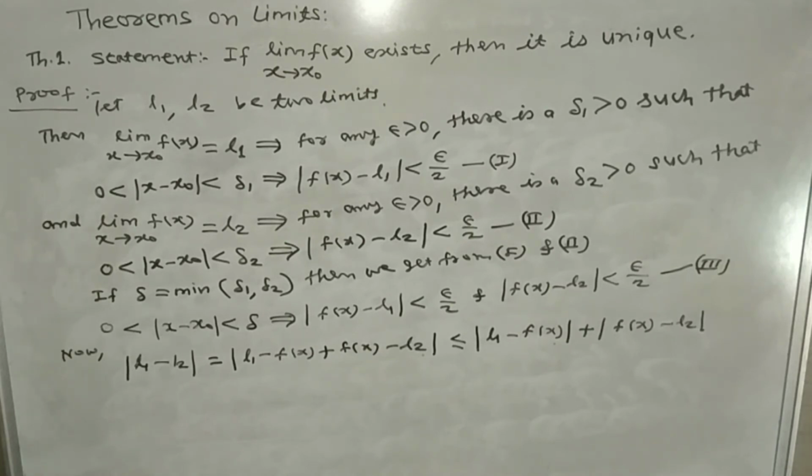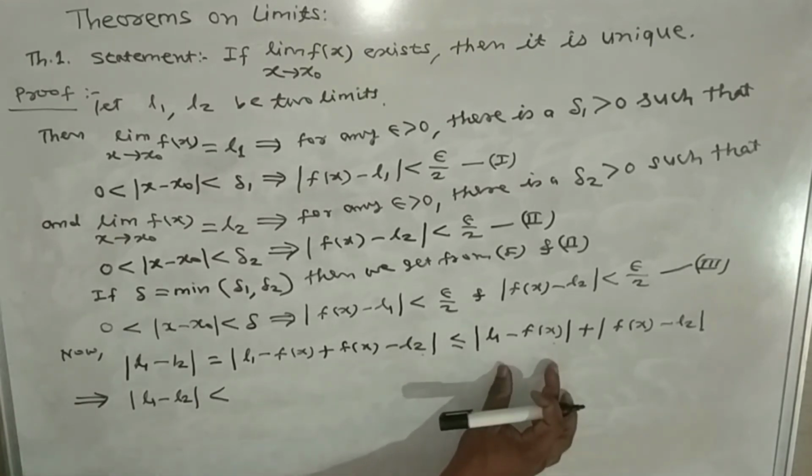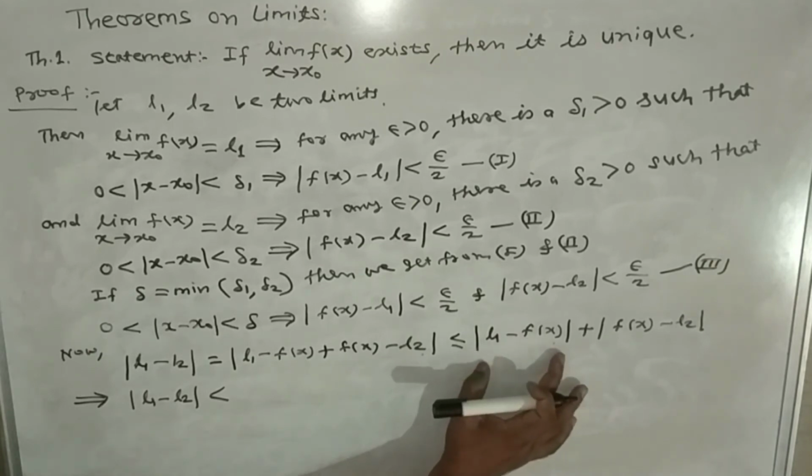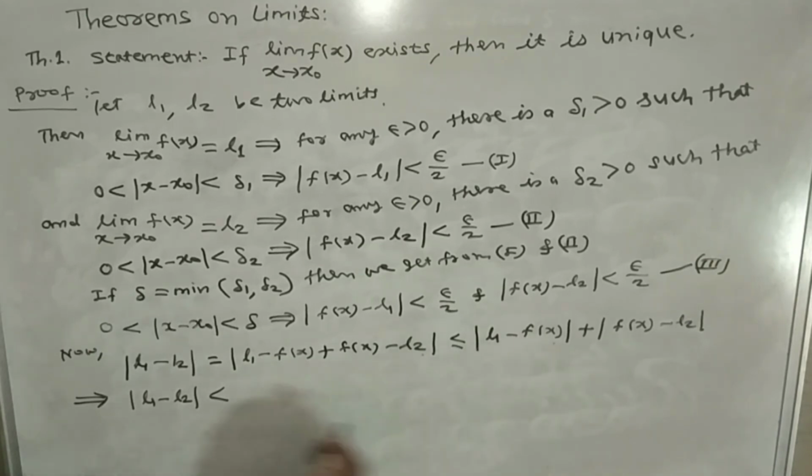So this implies that mod L1 minus L2 is strictly less than mod L1 minus f of x, which is epsilon by 2, or f of x minus L1 is also epsilon by 2.